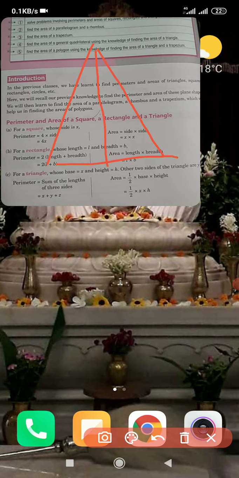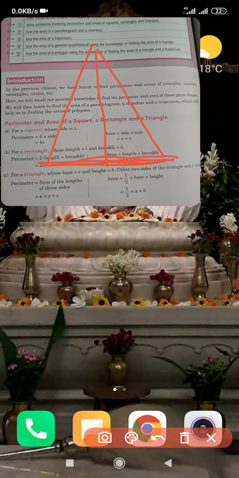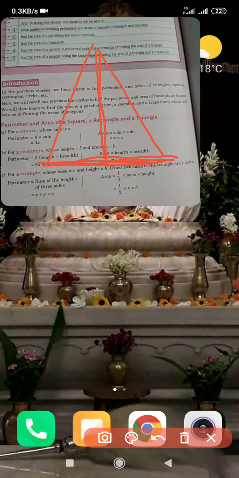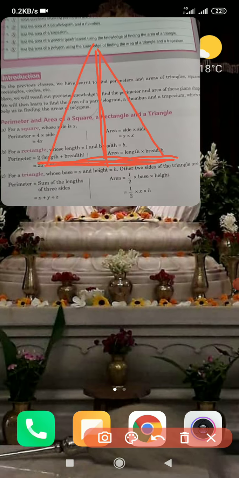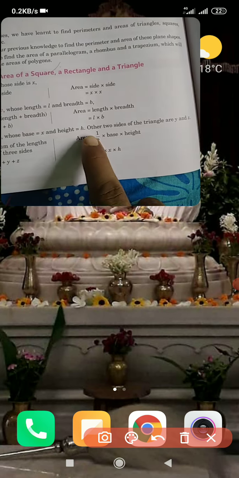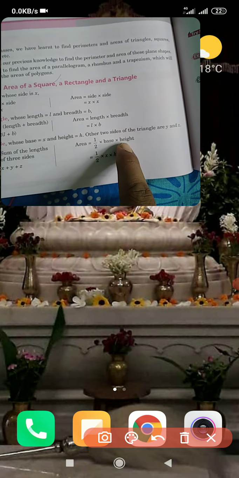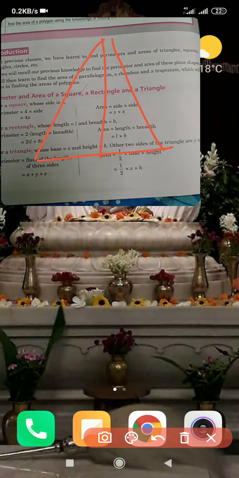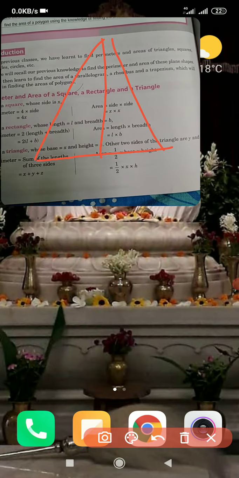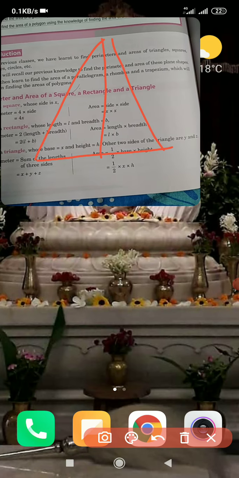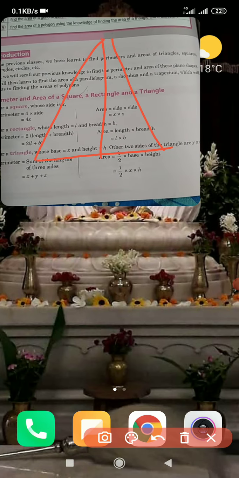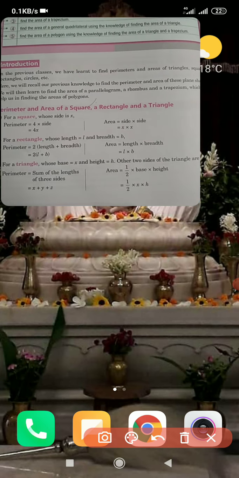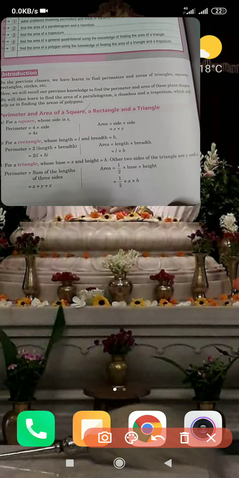Now this one will be our base and this one will be our height or perpendicular or altitude. These three terms are used. In this case the area is equal to half into base into height. So if I take this vertex, and the opposite side as base, this one is the perpendicular, so we'll need the length of the perpendicular and the length of the base, and we have to multiply it with half. So by multiplying half into base into height, we'll get the area of the triangle.